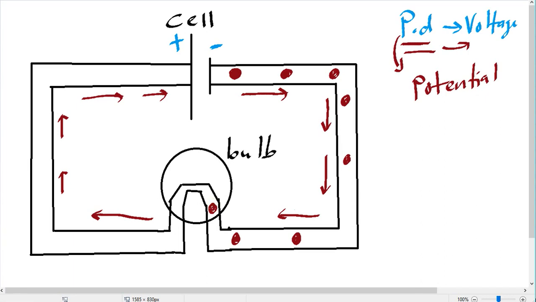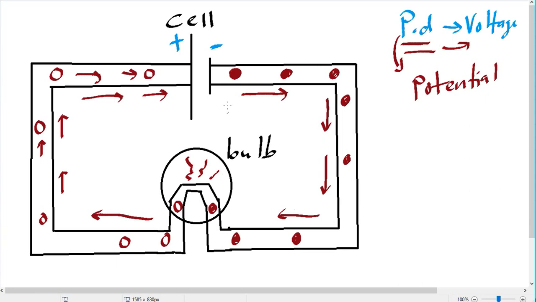And inside the bulb, there's a thin piece of wire, and as you know, the piece of wire heats up, and that's where it is going to give light. And then the charge carries on its journey and gets attracted to the positive terminal of the cell.